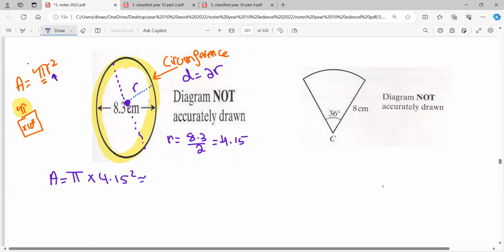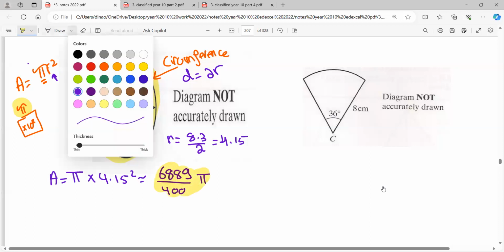Shift and pi so that you get the pi on the calculator times 4.15 squared. Now I just want to display something. This is the answer that I got on the calculator, exactly. Now, when do I leave my answer like this, and when do I change it to decimal?